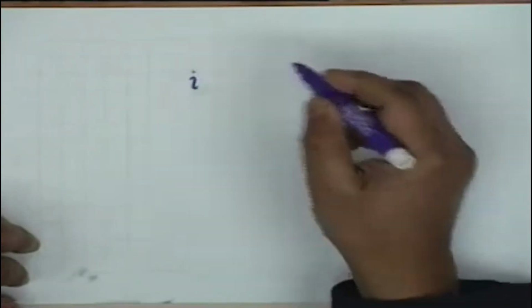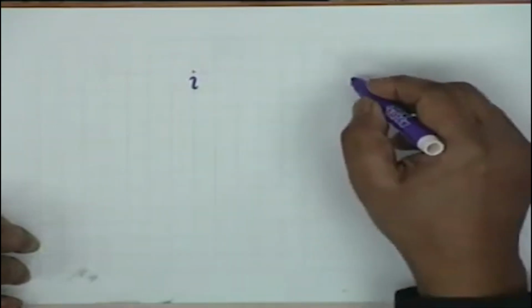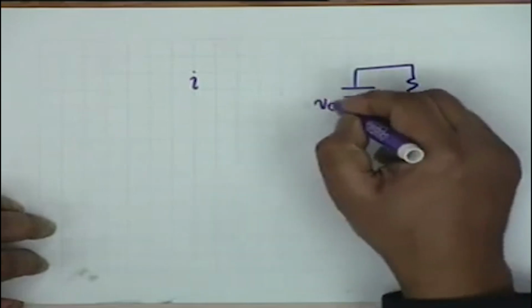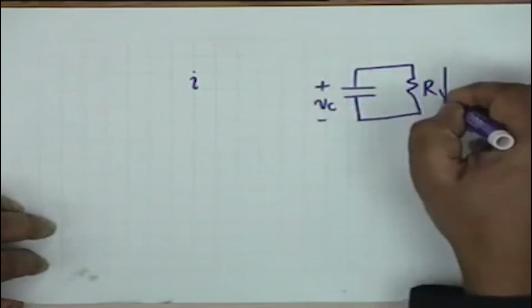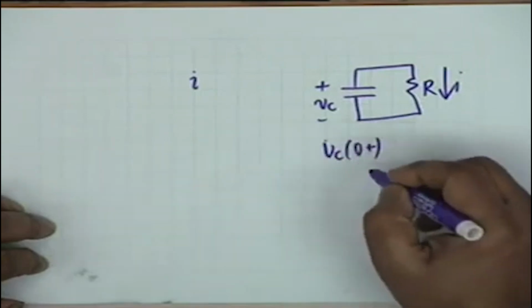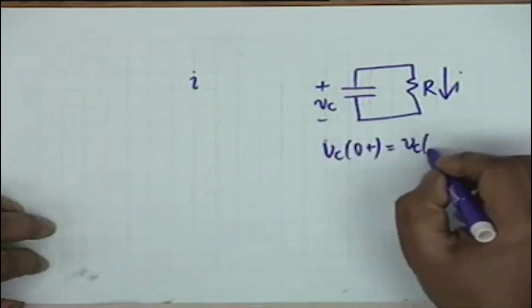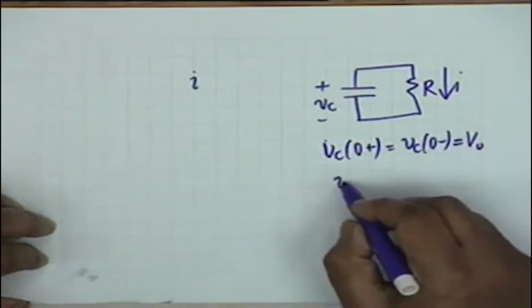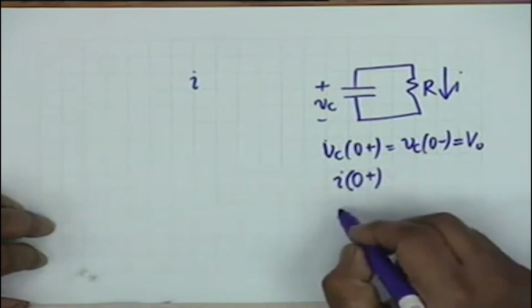That is found out from the initial condition. You know that if we draw this circuit again, it is a C in parallel with R, this is i, and you know that Vc(0+) is the same as Vc(0-). We recall that this is equal to V0, and therefore what is i(0+)?